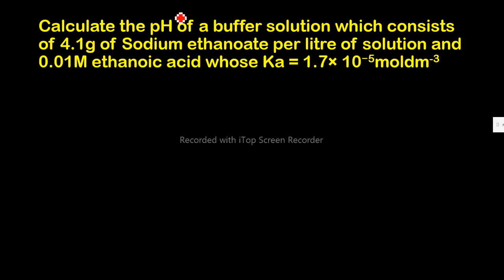We want to calculate the pH of the buffer solution that consists of 4.1 grams sodium acetate per liter, and a 0.1 molar ethanoic acid whose Ka is 1.7 times 10 power negative 5.